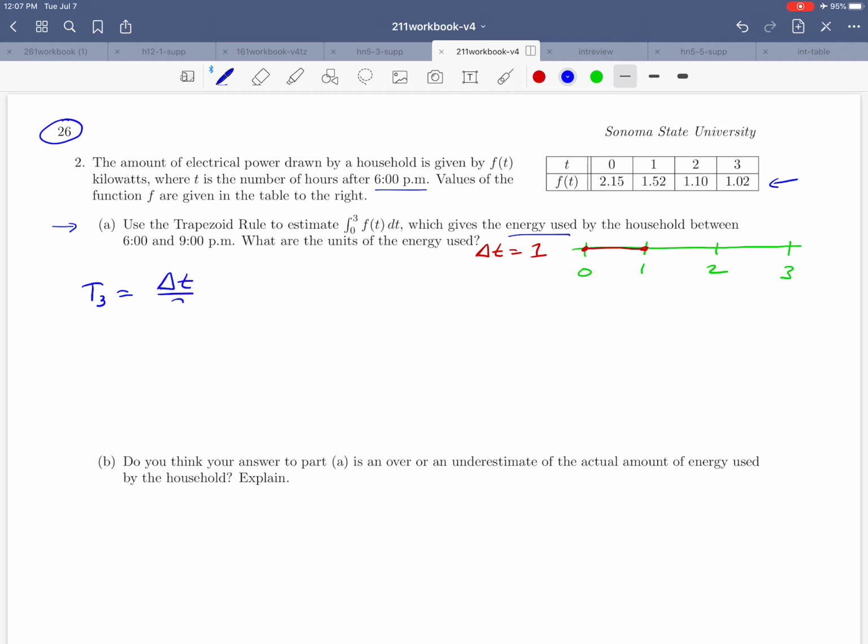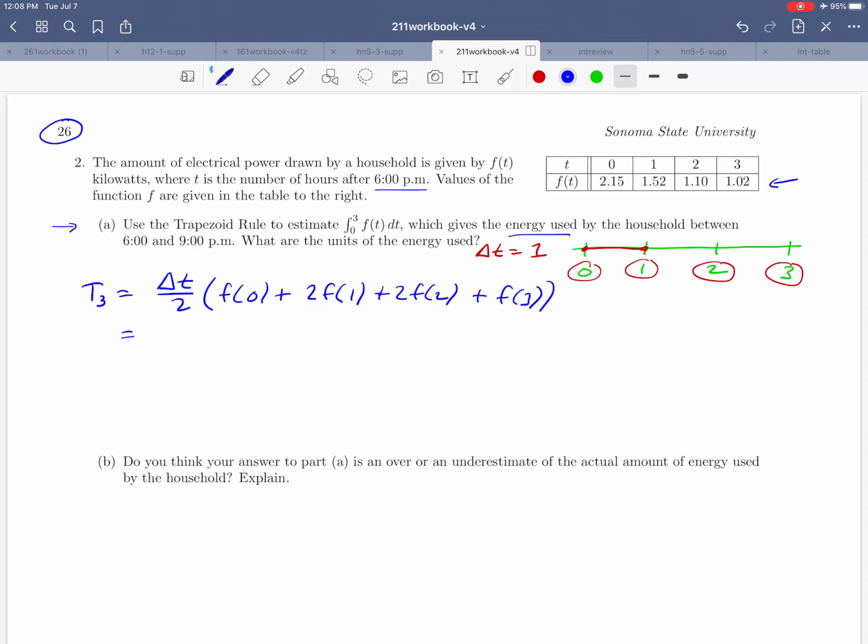We're going to get delta T over 2. And then the trapezoid rule formula works by just taking our actual partition points and plugging those in. So we're going to get f of 0, and then the middle numbers are going to have 2's in front of them. So plus 2 f of 1, plus 2 f of 2, and then finally plus f of 3.